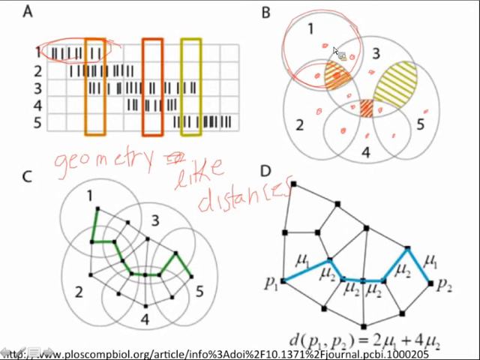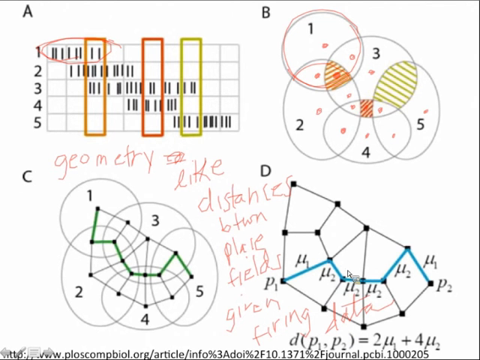We want to look at distances basically between our place fields, given the firing data. So again, the idea is the brain only has the firing data. It has to generate the place fields all on its own.